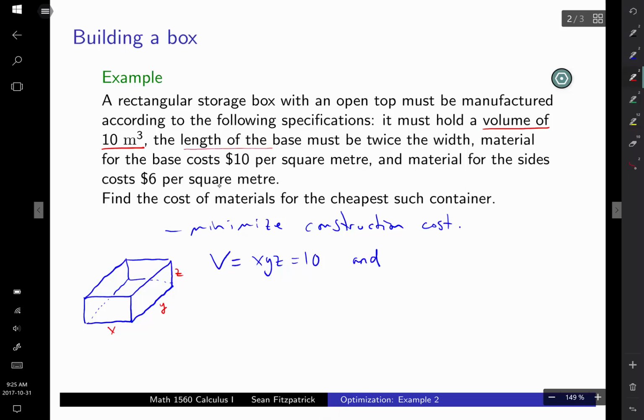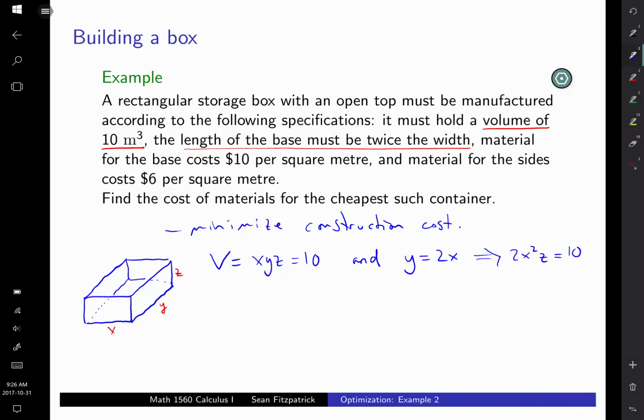So what does that condition mean? This condition here means that y must be equal to 2x, okay? So I can combine those two constraints, put these together, and what do I get? I get that 2x squared z equals 10. All right, so that's going to come in handy for us in a bit.